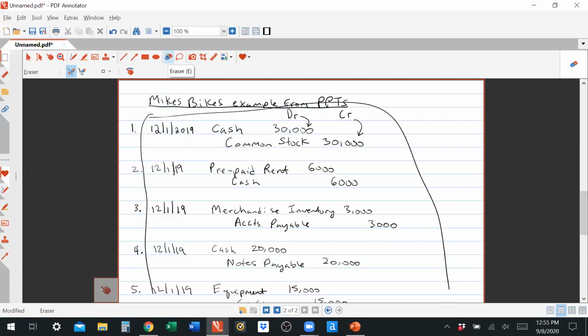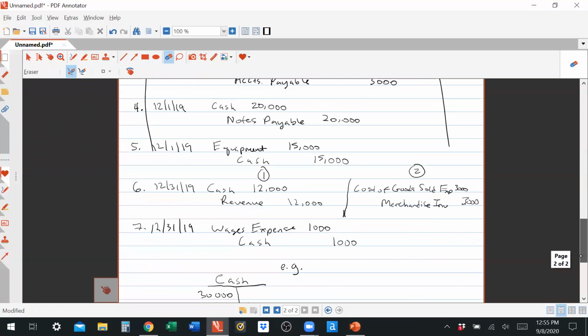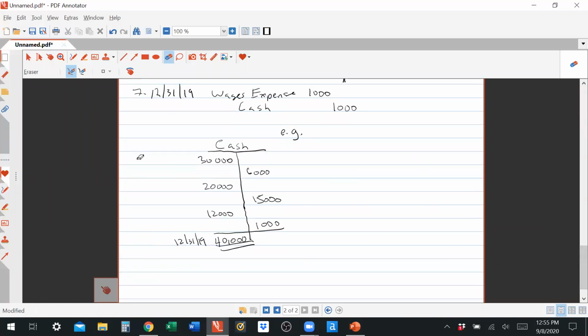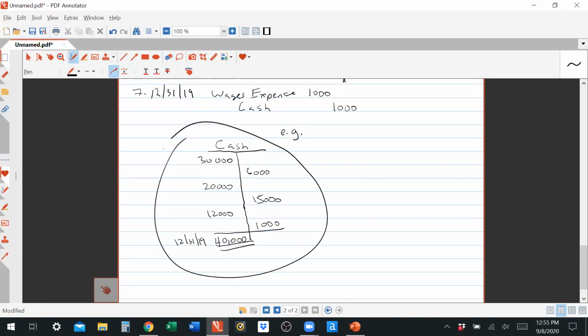Actually, it's not quite right. The book that keeps track of all your entries is called the journal. And the general ledger essentially is all of these. Sorry. All the T accounts and their balances are the general ledger.